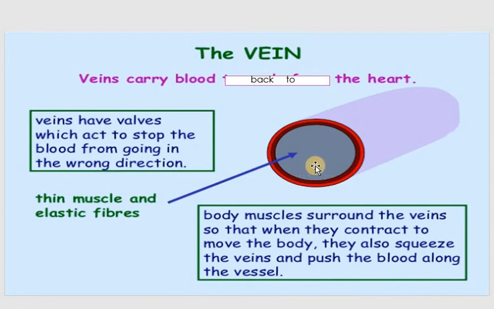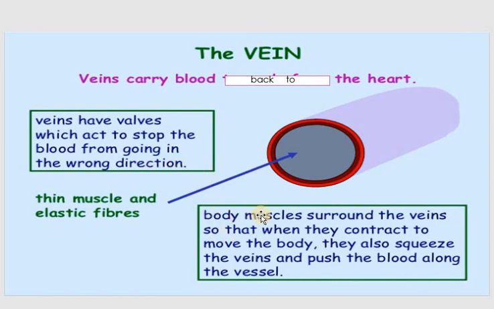So, if this blood may go in the wrong direction, fortunately veins have valves, so they just stop blood from going in the wrong direction.